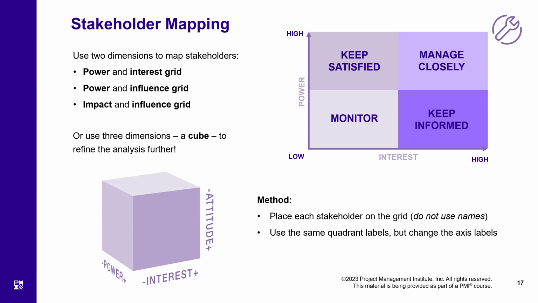You draw a two-dimensional graph, interest on one side, that is the x-axis, and power on the y-axis, right? And you locate the level of interest a stakeholder has and the level of power that stakeholder has, and accordingly you will draw a point at the intersection.